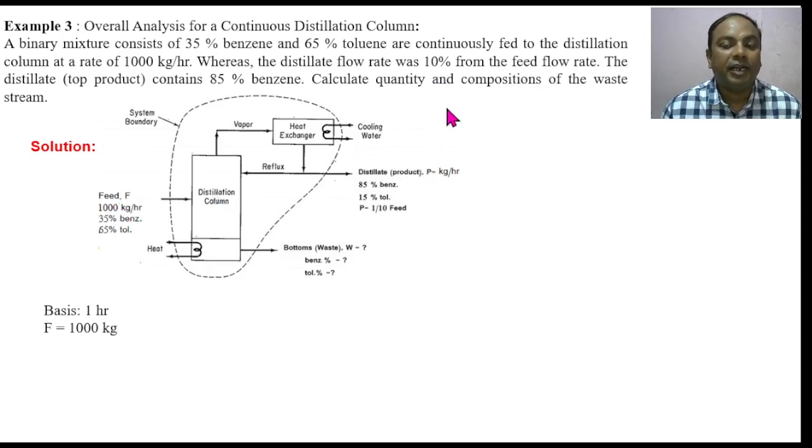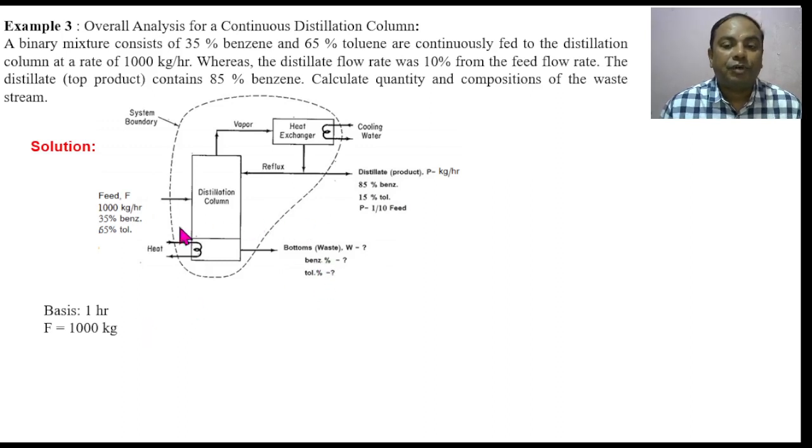This P is 10% of the feed that enters the distillation column. So this P is to be calculated. Moreover, the bottom stream W and its composition, in terms of mole fraction, mass fraction, or mass percent, can be found out.